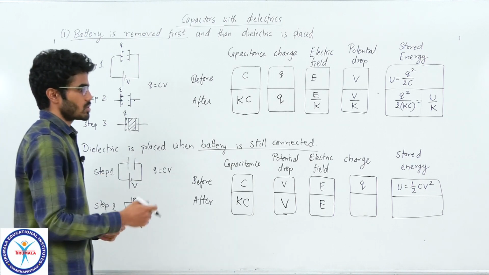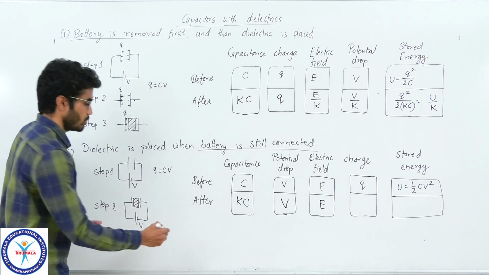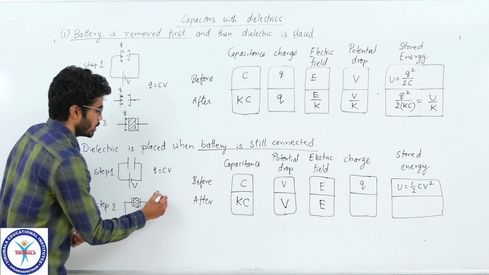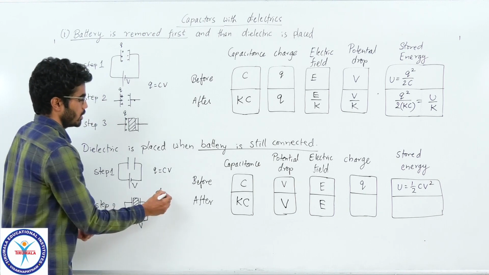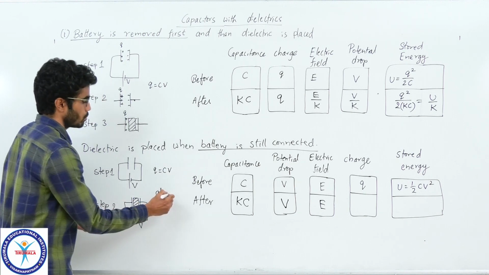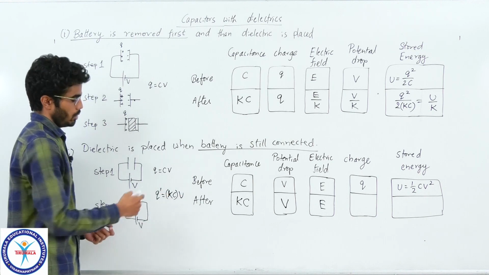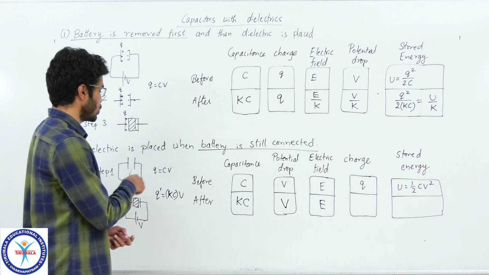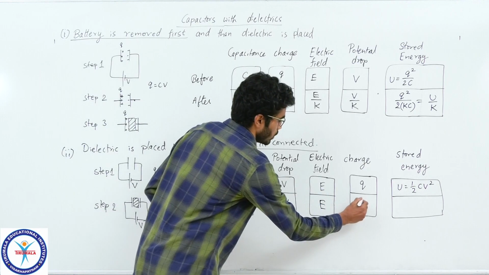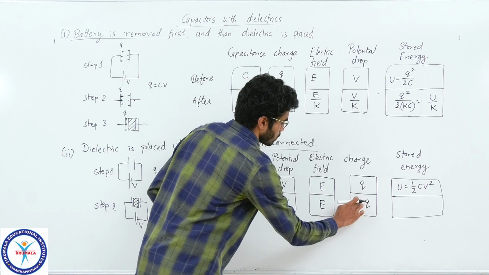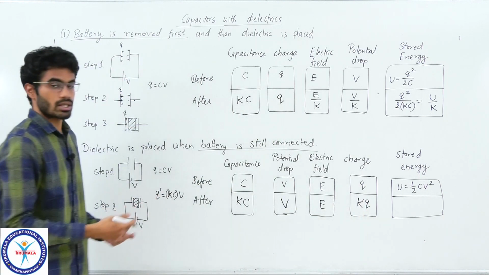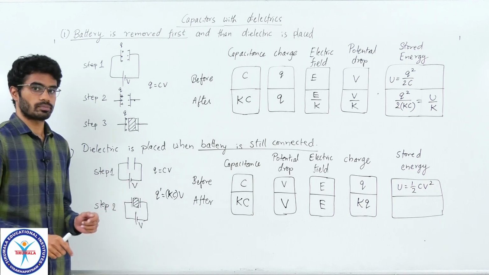And what happens to charge? Charge is given by C into V. So the new charge will be the new capacitance into the potential drop. The new capacitance is K times C, so the new charge is equal to K times the previous charge. That means there is some extra charge flowing into the capacitor now.